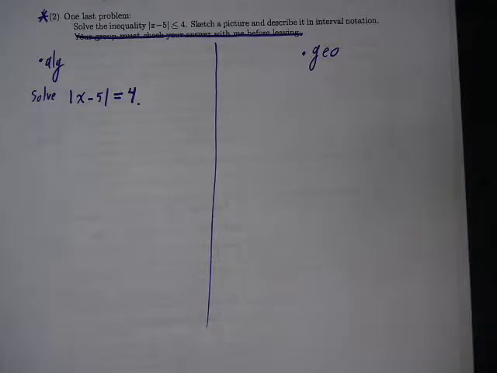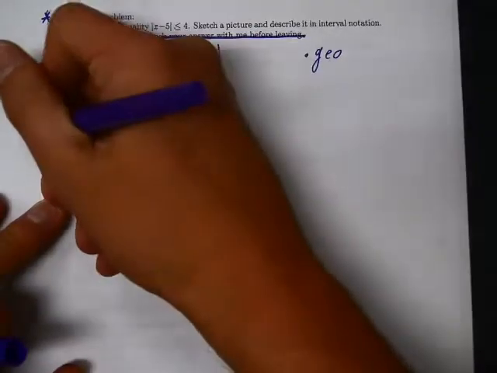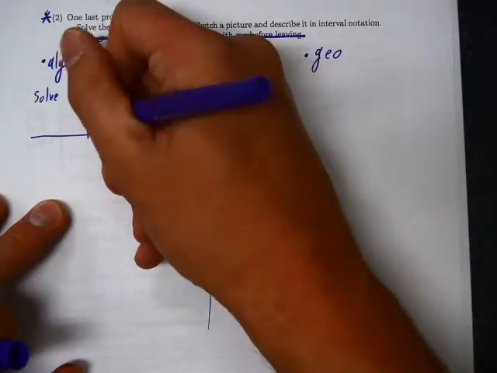And so there's already something weird here. That absolute value, I don't know a way to undo it. But I do know one thing. There are only two numbers that are exactly a distance 4 from 0.